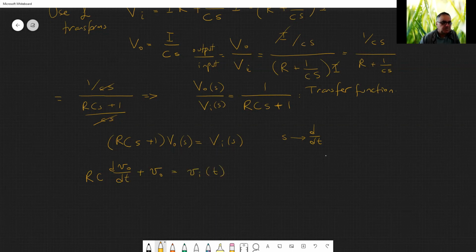This is the differential equation representing the system.